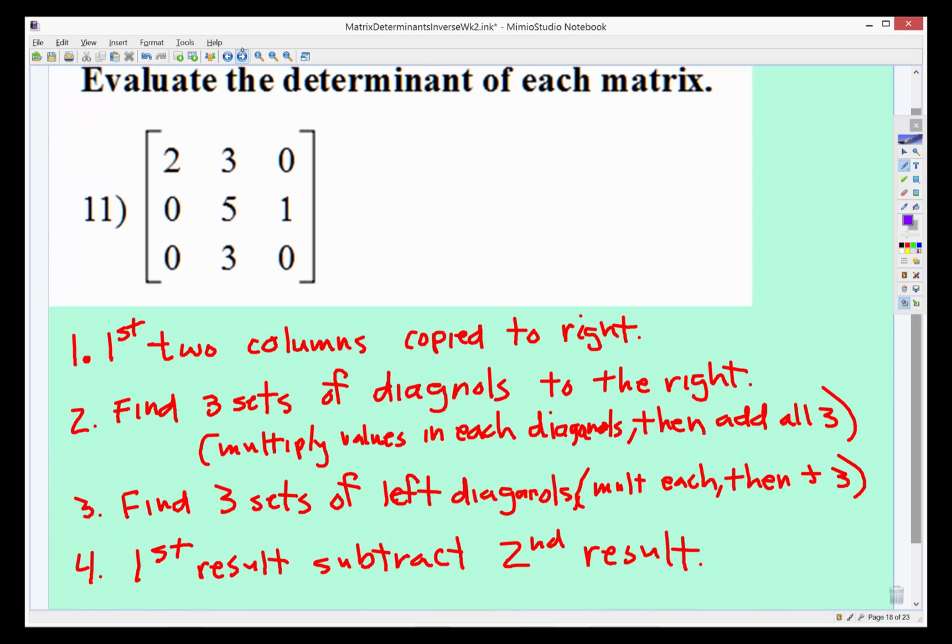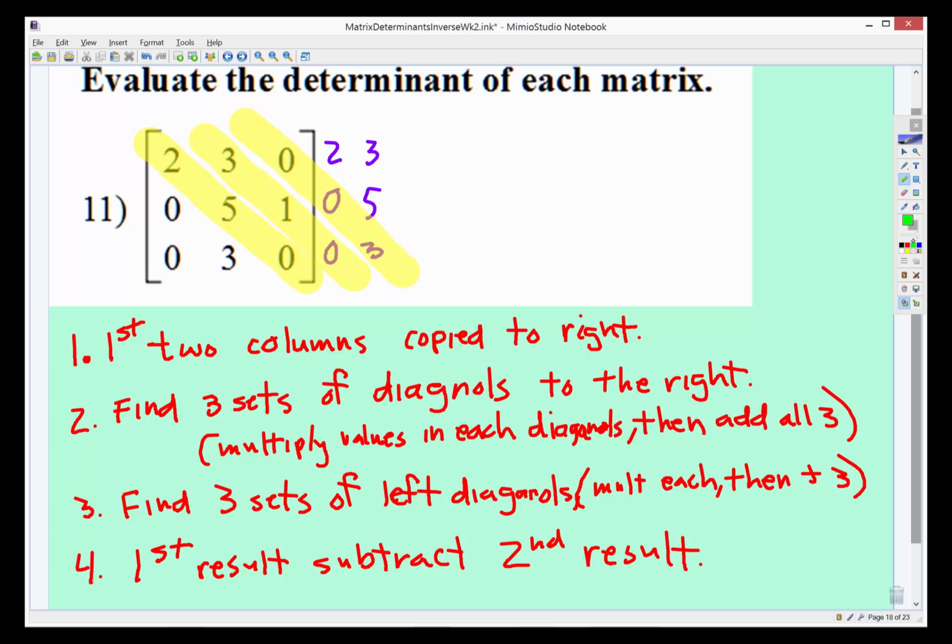So to evaluate the determinant, you're going to do the steps that we did below. You're going to copy down the first 2 columns. You're going to highlight the diagonals moving left to right.